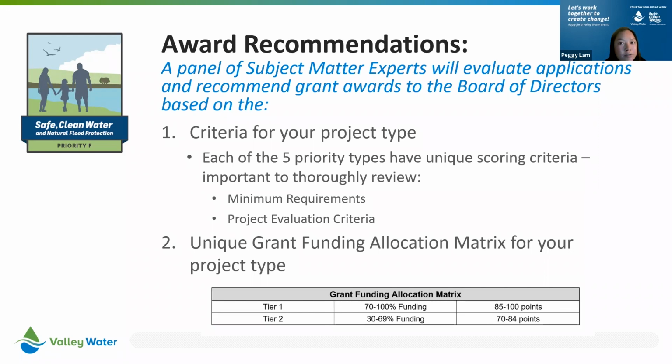So grant staff, we have no decision or influence on the scoring. The scoring is done by the panel, and the award recommendations are based on the funding allocation matrix. Each project type has different point values, and it's all included in the guidelines for your benefit.